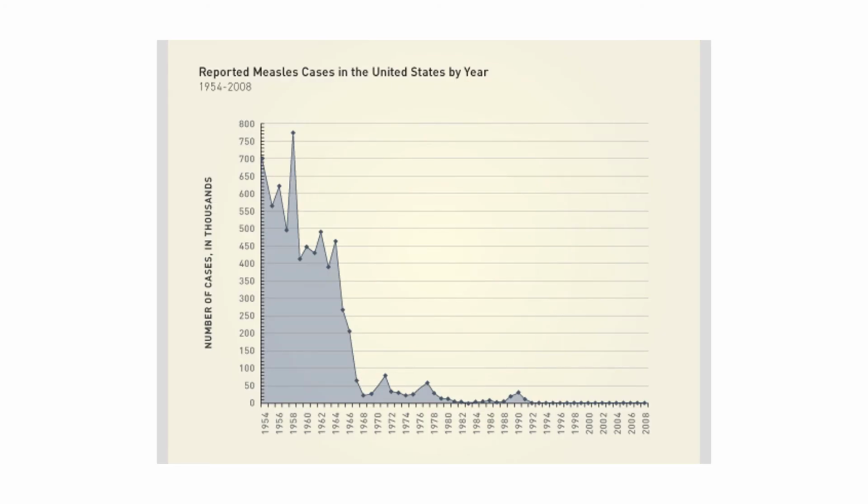So this graph is just reported measles cases in the US over time, and everything is reported in the thousands. What I think is important to point out here is that in 1964 we start to see this very sharp decline, and that's around the year that the measles vaccine was introduced, so we see that vaccination is clearly working.